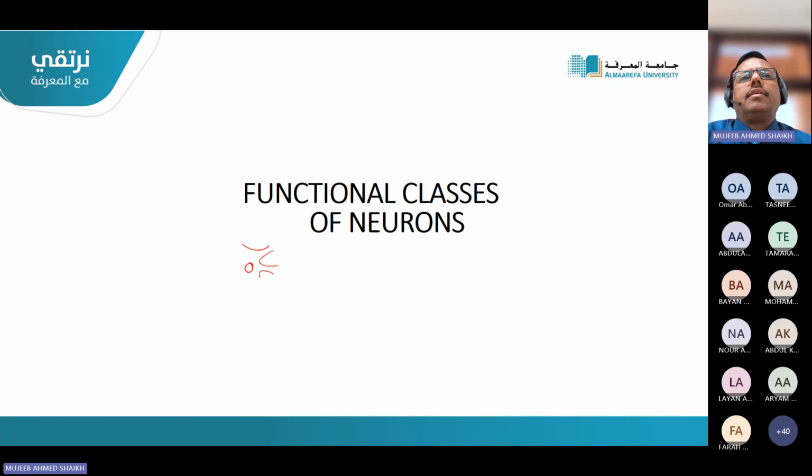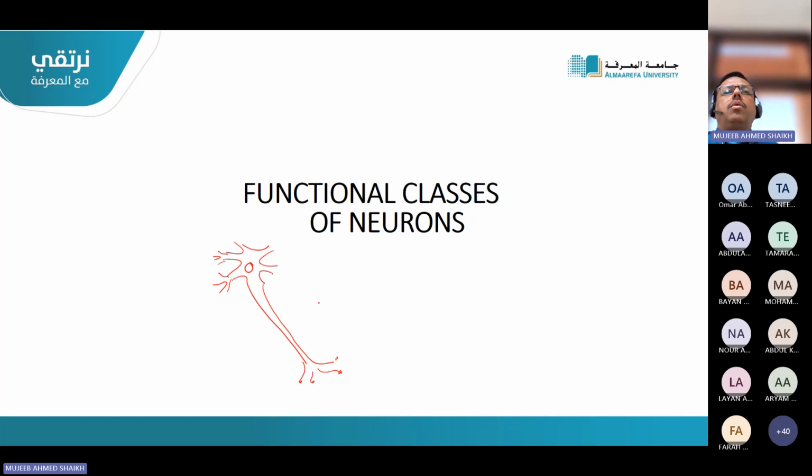You already covered it. Cell body, dendrite, axon, axon hillock. Very good. And at the end, axon terminals will be there. We have seen in the previous class these axon terminals ending on another neuron or maybe on a muscle. So we have got the basic structural unit of the nervous system as the neuron.